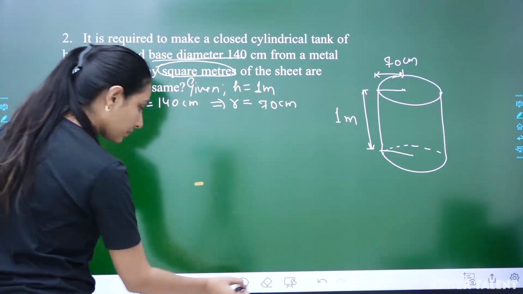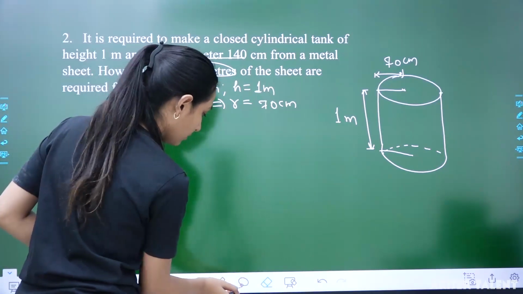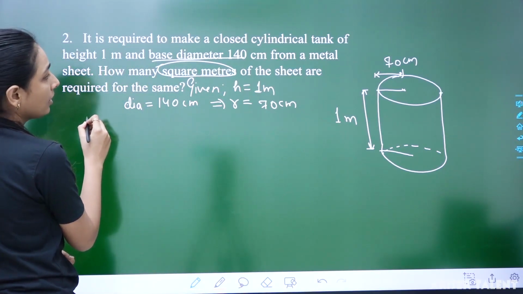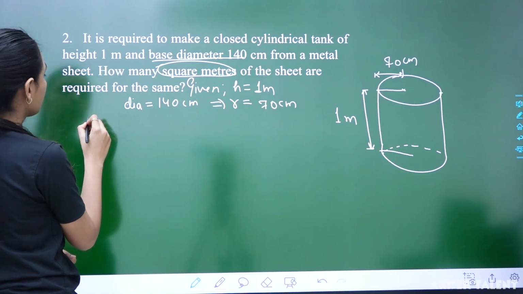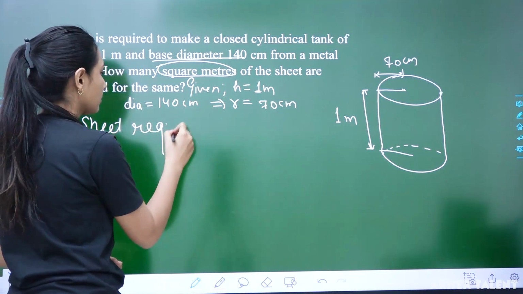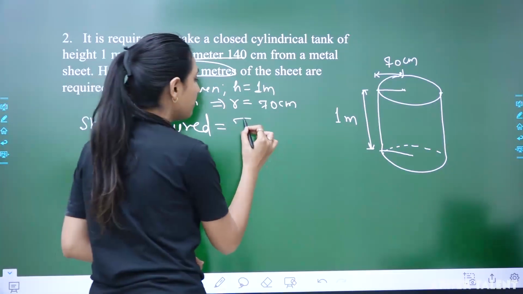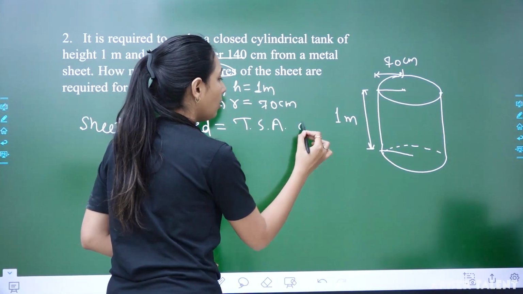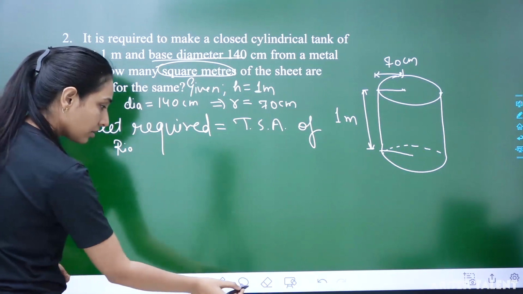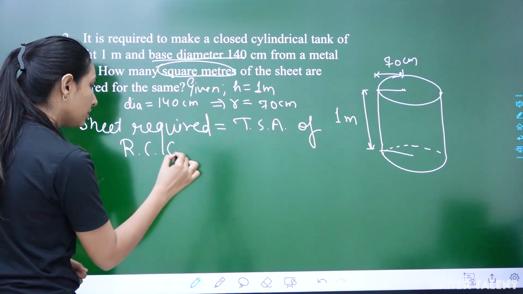Here the sheet required will be equal to the total surface area of the right circular cylinder.